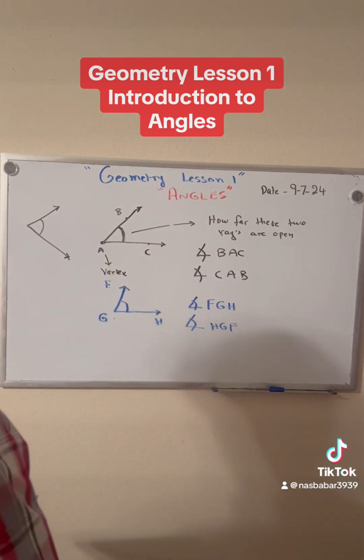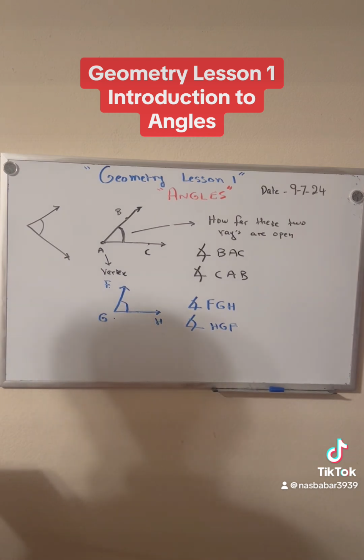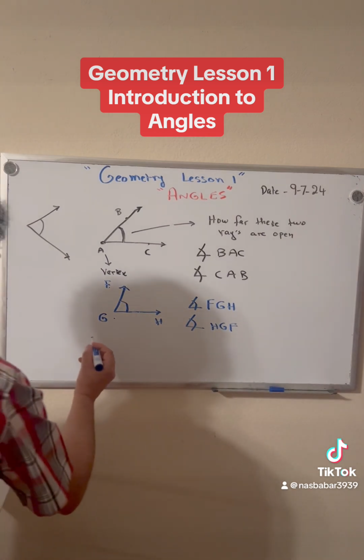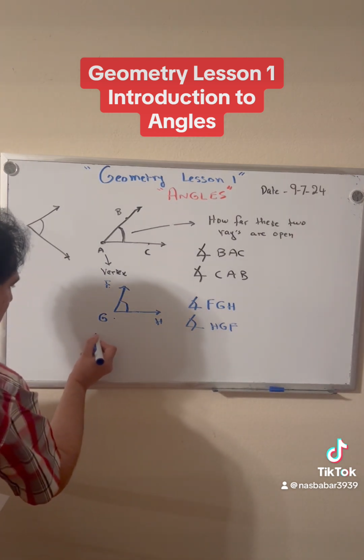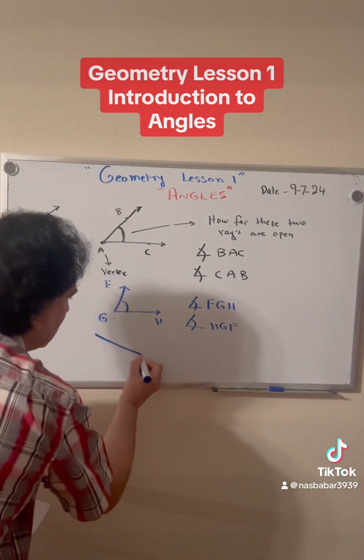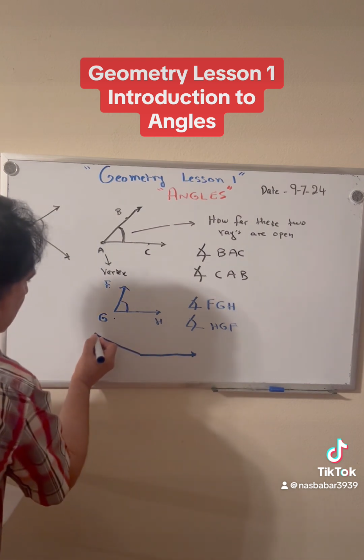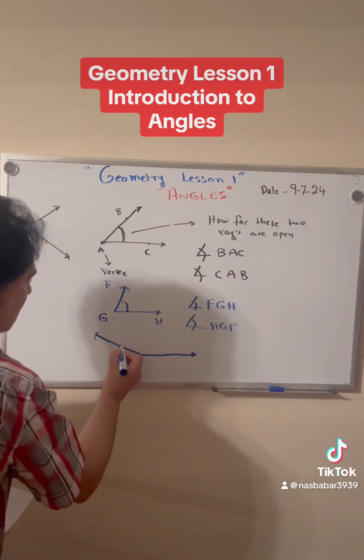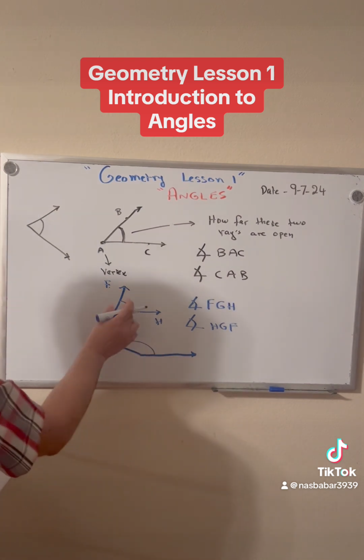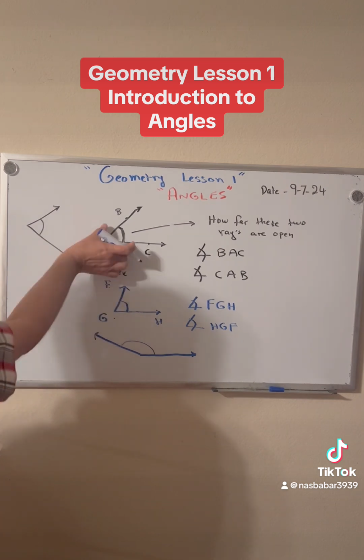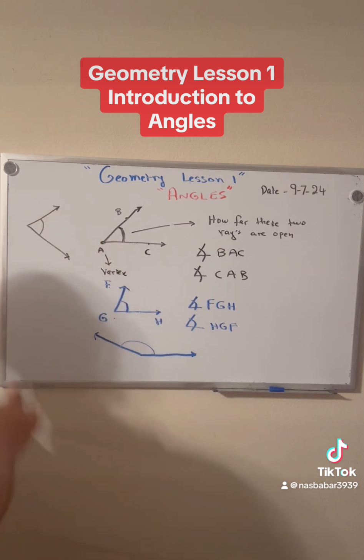Let's look at another example. Say we have something like this. The distance between the two rays is more than the distance between the two rays in the previous cases.